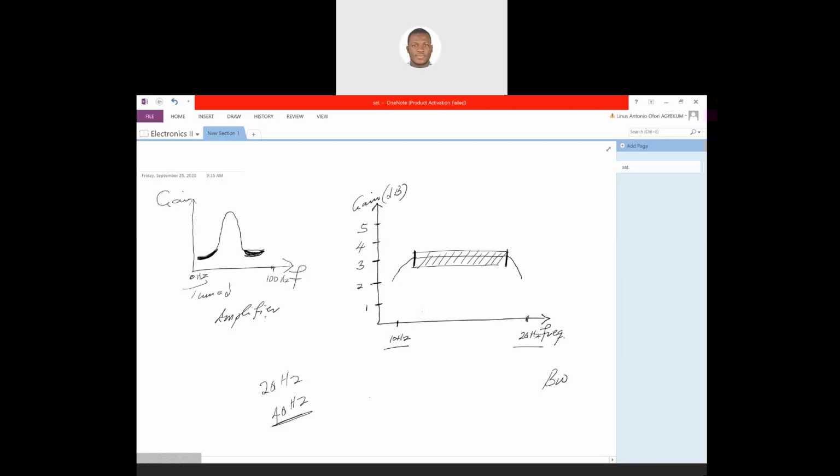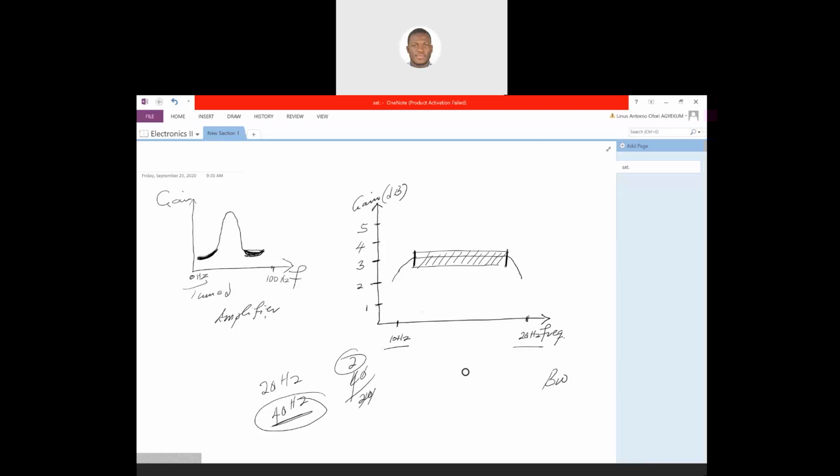What this simply means is that 40 divided by 20 will give you 2, right? So the gain of my amplifier needs to be 2 before I can achieve 40 hertz. Gain is basically the factor by which a signal is multiplied to increase its amplification.